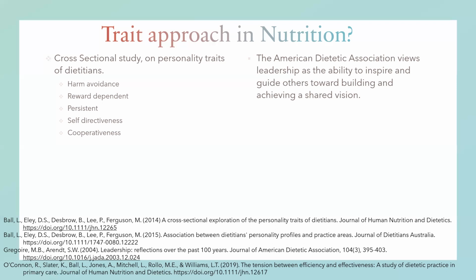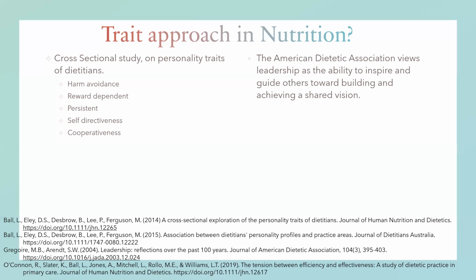The results concluded that the dietitians studied show a high level of harm avoidance, are reward dependent, persistent, and showed self-directiveness. I think that studies like these are interesting in showing personality traits of dietitians, and they can give one a better idea if they fit this kind of job or if they could see themselves being a dietitian. And it could also be an early recruitment strategy in the college setting.